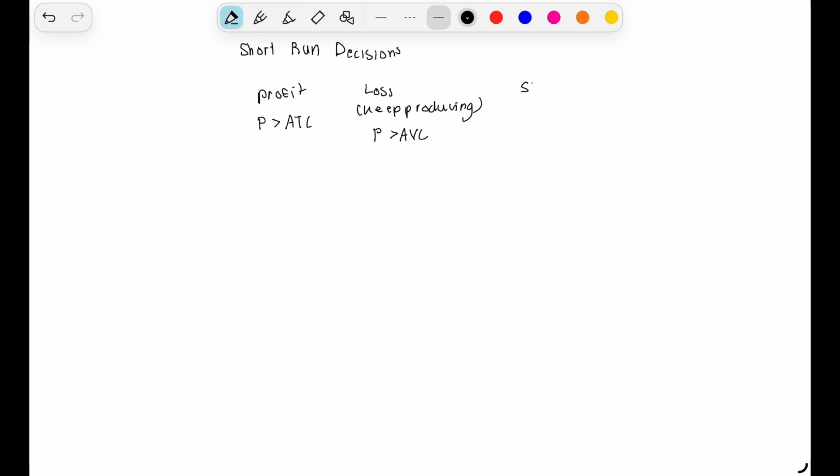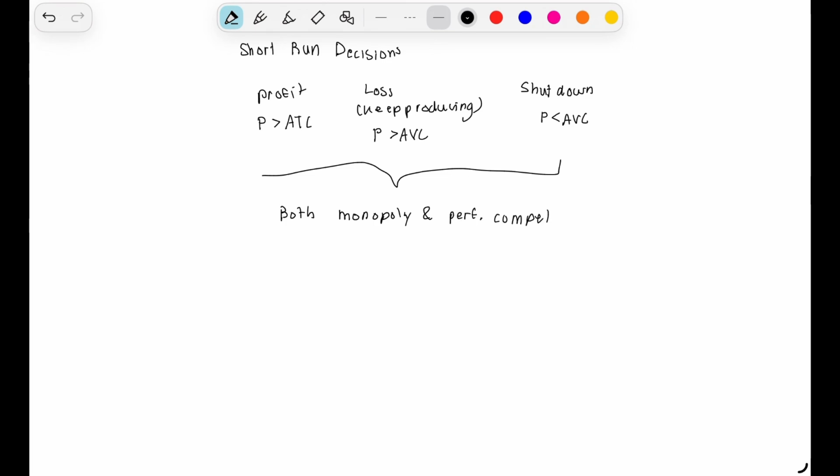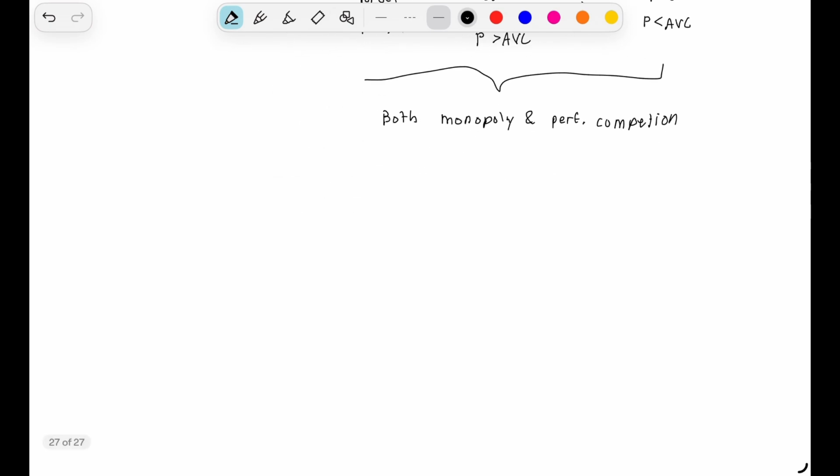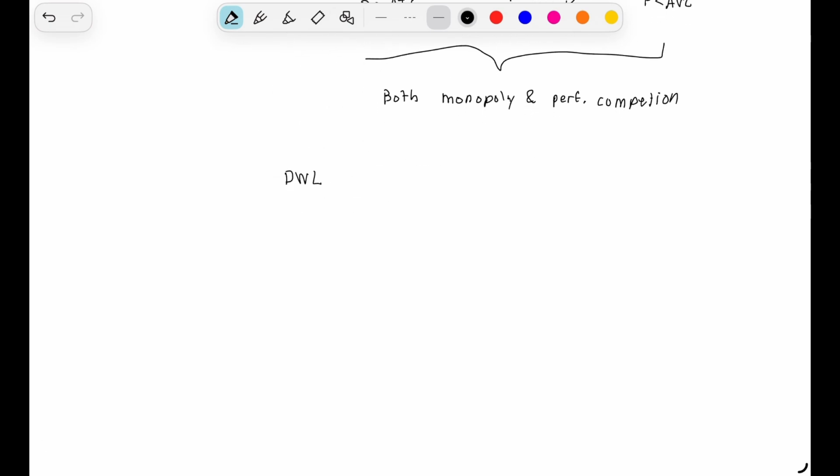And you have a shutdown when your price is less than your average variable cost. And all these decisions apply to both monopoly and also perfect competition.